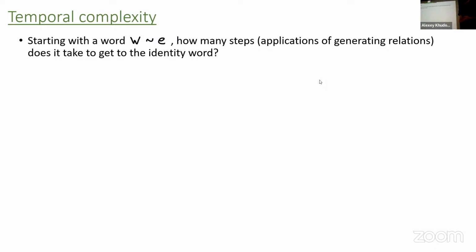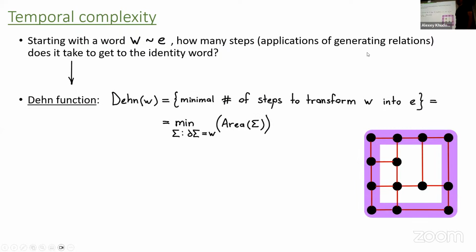Okay, so this pictorial way of thinking about the reduction process allows us to introduce the temporal complexity of solving this group word problem. Suppose we start with a word that multiplies to the identity. The question I'm asking is how many steps, and by step I mean a single application of a generating relation, does it take to get to the identity word? This notion is well known in the math literature, and it's called the Dehn function.